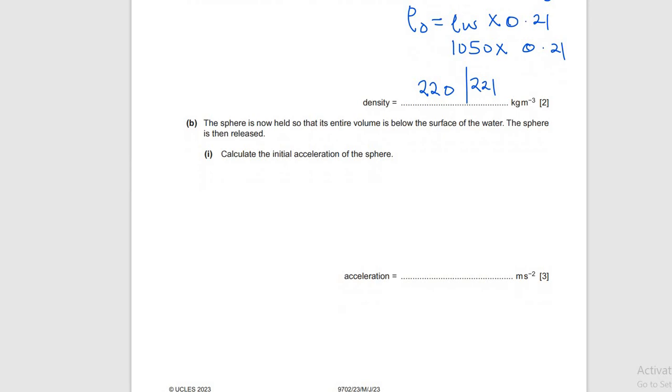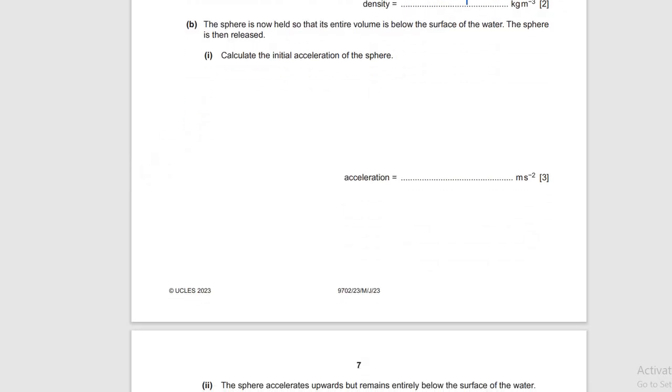Now let's see question B. Now question B, the sphere is now held so that its entire volume is below the surface of the water. This is what the question is talking about.